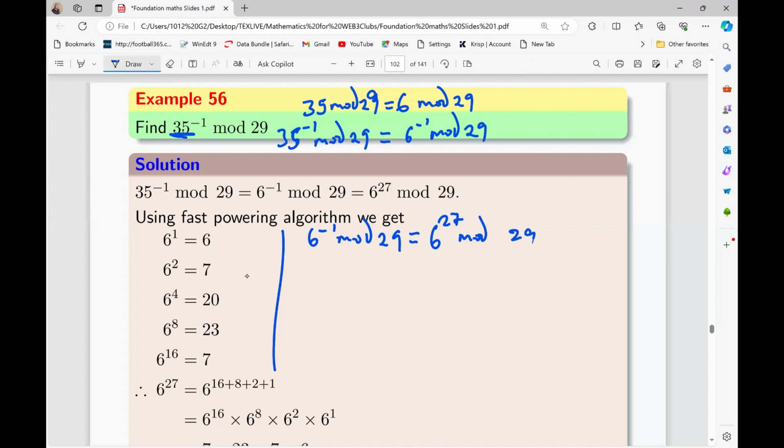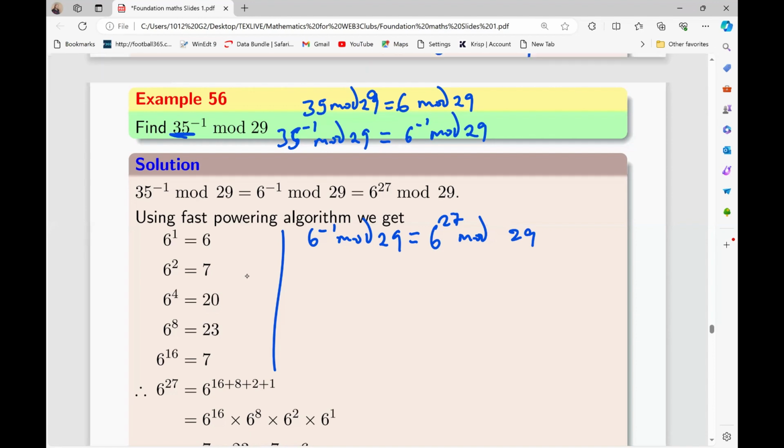It says a raised to p minus 2 is the inverse of a. Therefore, the inverse of 6 will be 6 raised to p minus 2. Our p is 29, minus 2 will be 27.